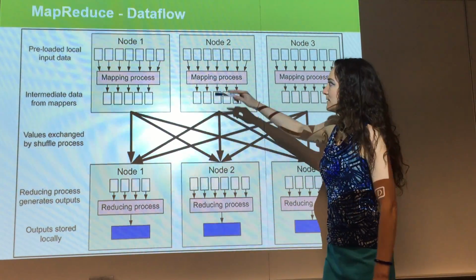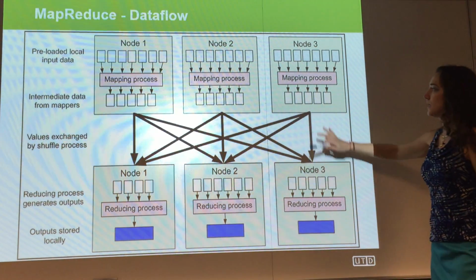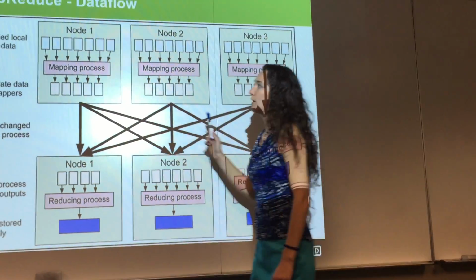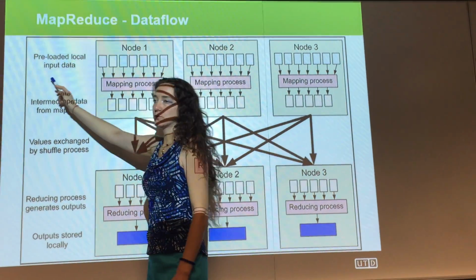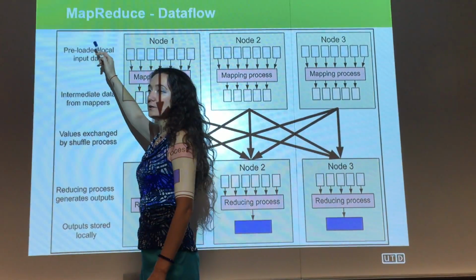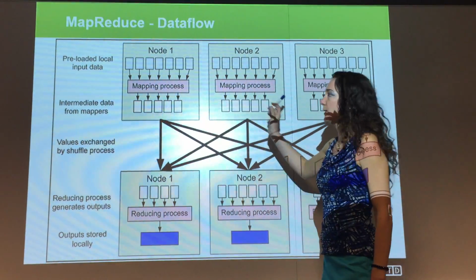Now, this is node 1. There could be many other nodes, node 2 or 3, that are involved in processing of the input, because the input can be one file or it could be a set of files, and each node will get one file to process.